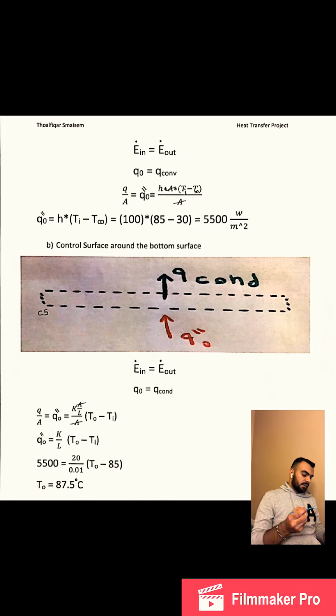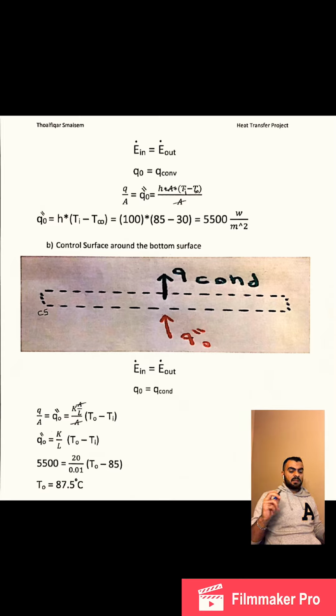And I clarified how we can get to energy in equals energy out. But for this particular part, notice that what is entering is heat flux, same as part A. But what is going out of the control surface is the Q, the heat conduction heat transfer.